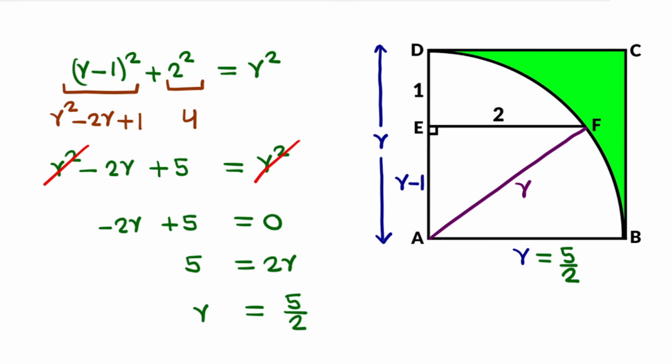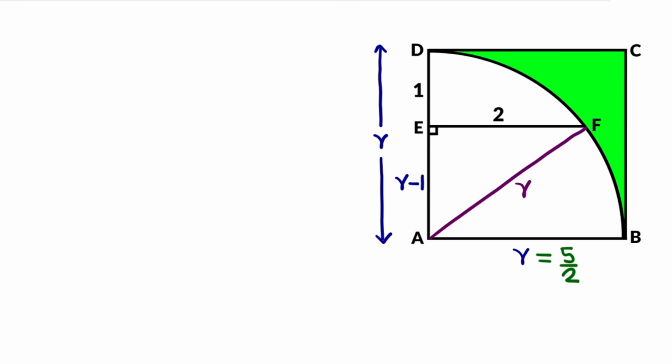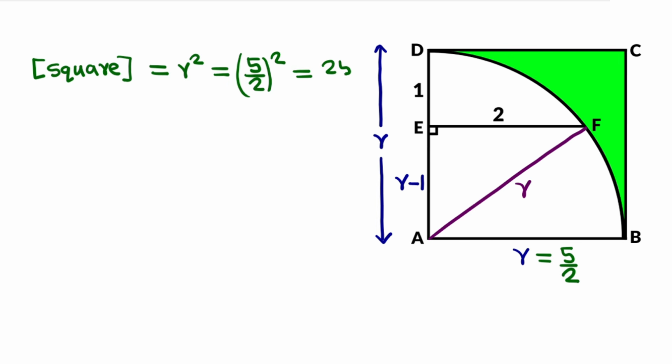So let's calculate the areas. First, the area of the square is r squared, which equals (5 over 2) squared. That's 25 over 4. Next, the quarter circle.